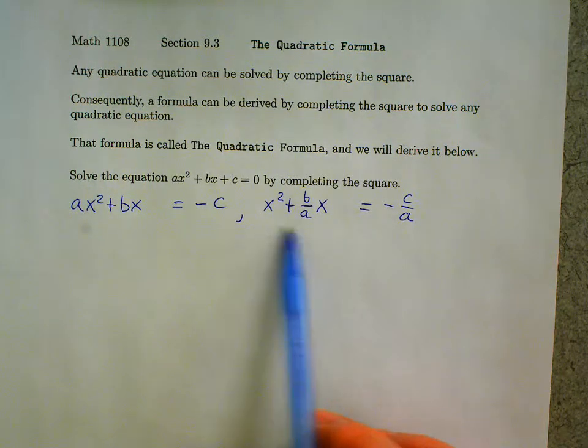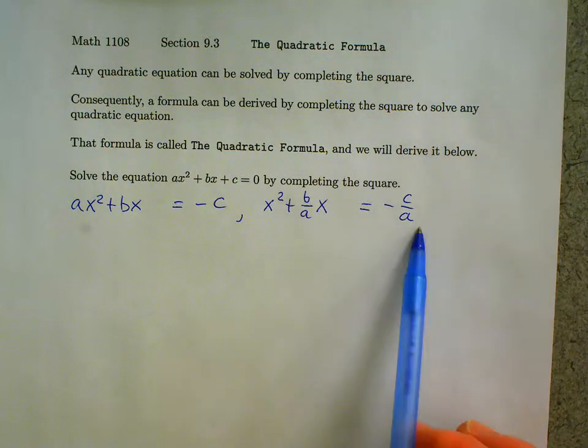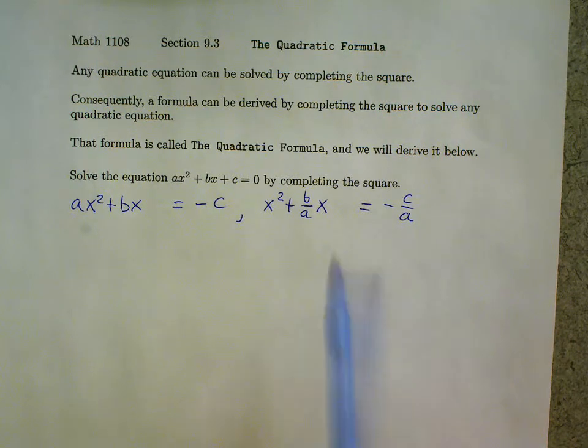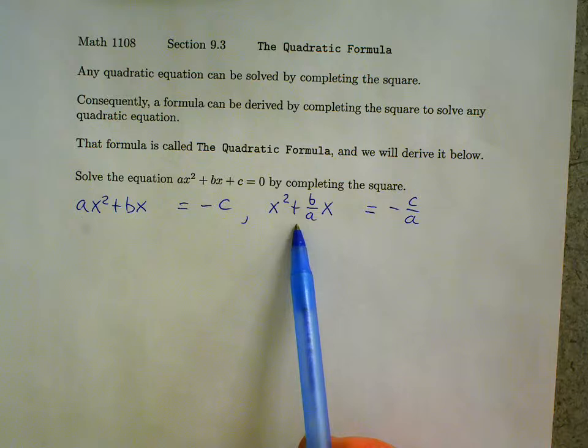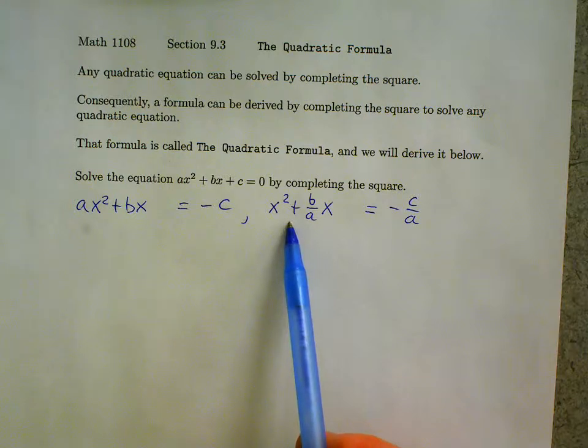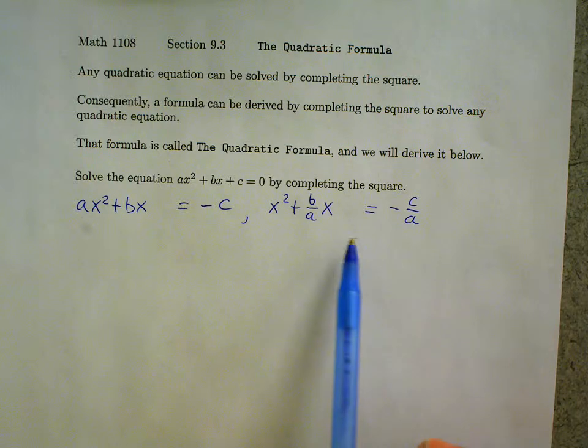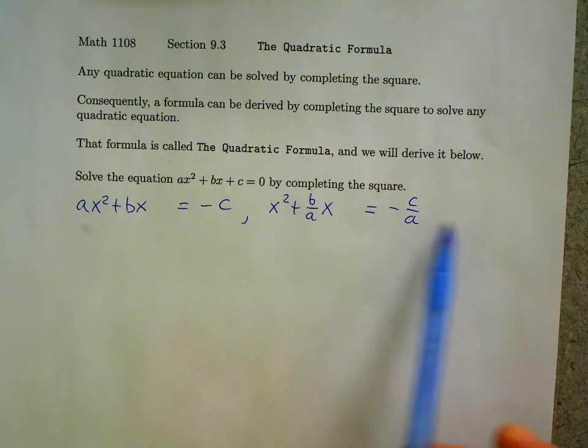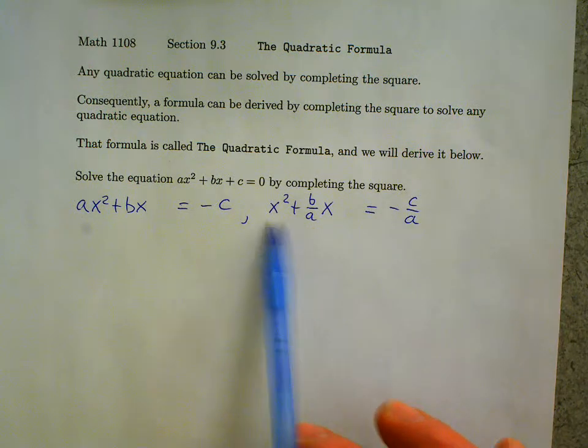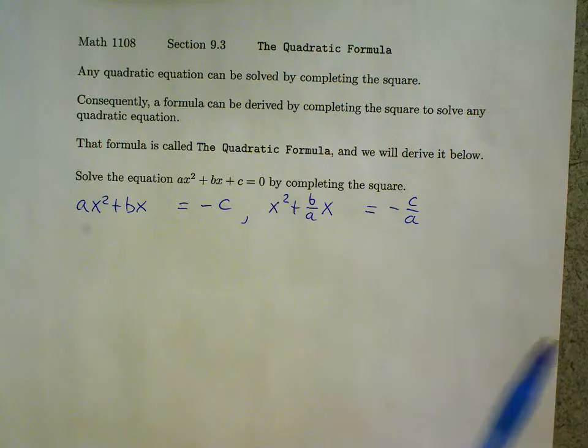The next step is the completing the square step, which means that we're going to create a perfect square trinomial on the left-hand side of the equation. So we have to add something to both sides that will make the left-hand side a perfect square trinomial.